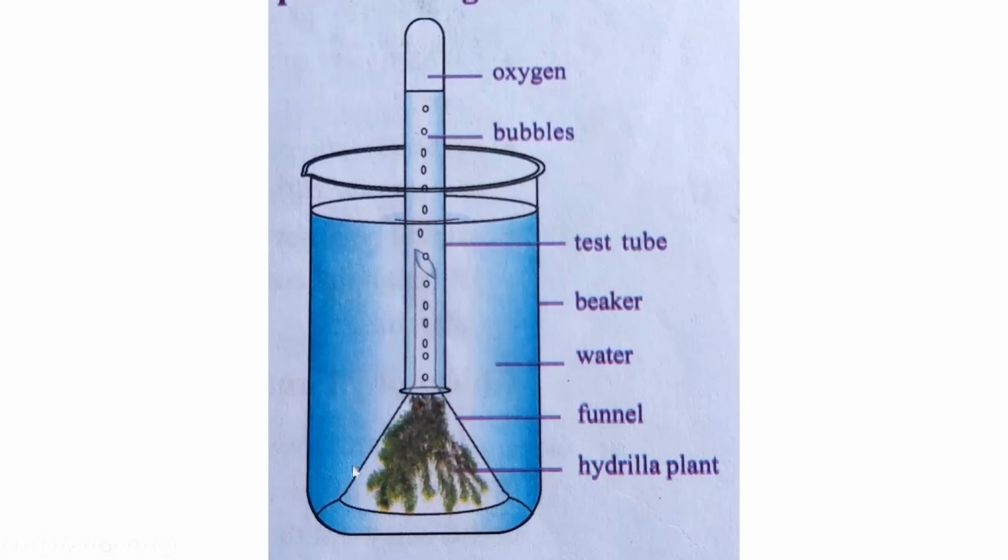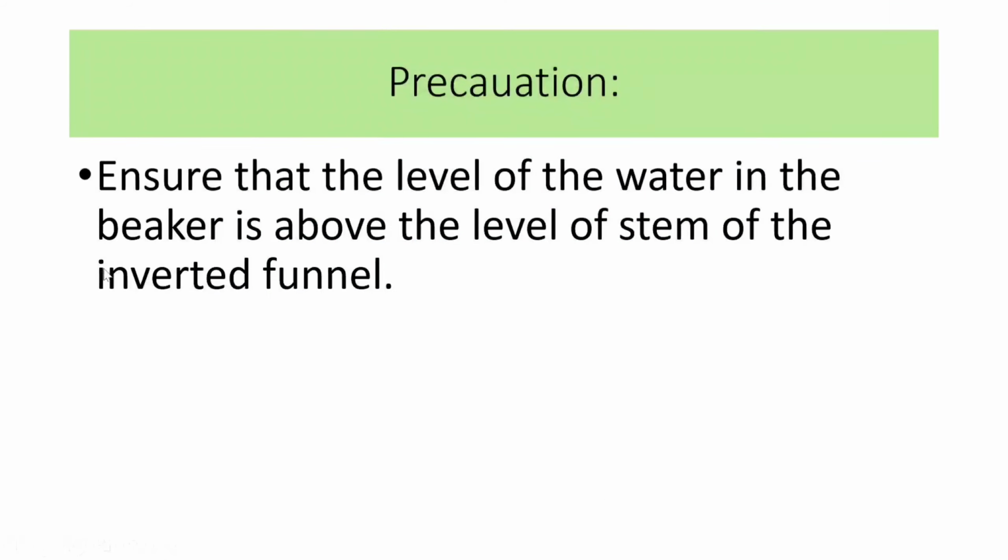Then the beaker is filled with water. Then take a test tube, fill it with water and invert it on the stem of the funnel. This is the setup of the apparatus for this experiment.